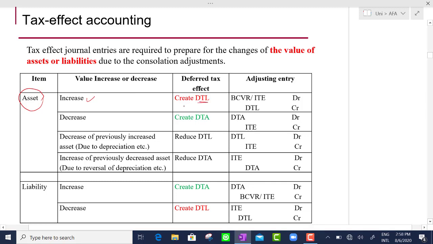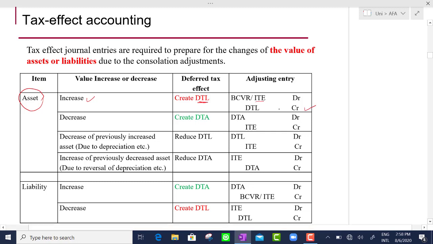In the previous lesson also, I summarized this treatment, so I think that you can remember. If the carrying amount of the asset increases, it will create a deferred tax liability. Therefore, the journal entry is deferred tax liability account credit, income tax expense account debit, when it is relevant to the business combination valuation entries.